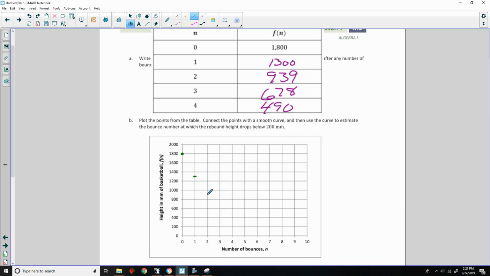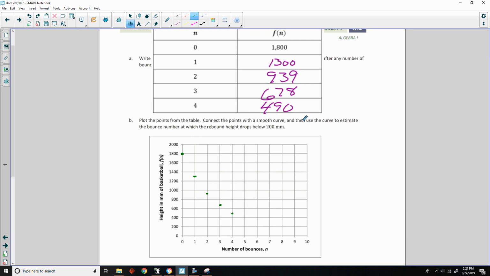Bounce 2 is 939, which is a little bit higher than 900, so a little higher than halfway. Then 3 is 678, a little below 7. And finally 4 is 490, which is not quite 500.